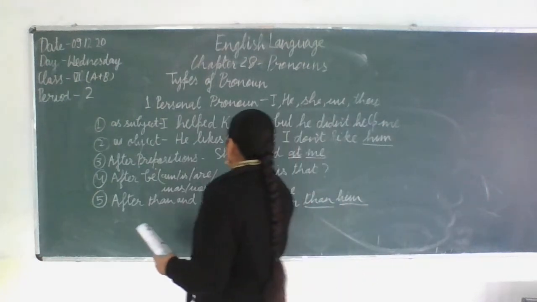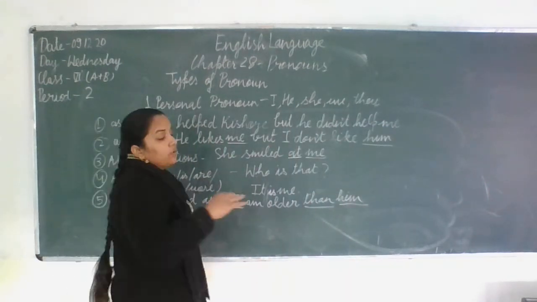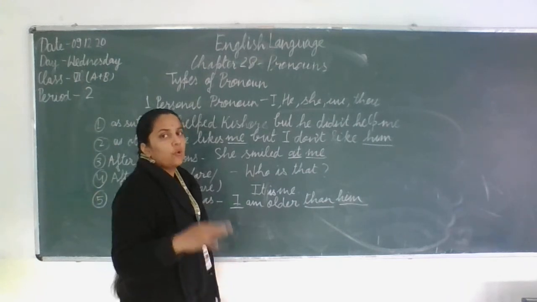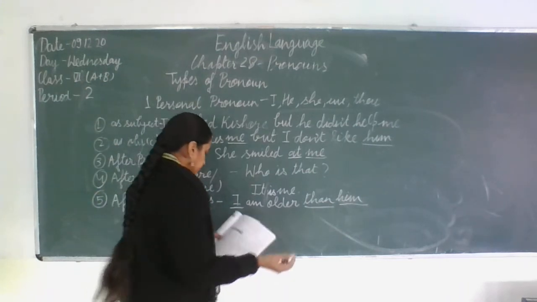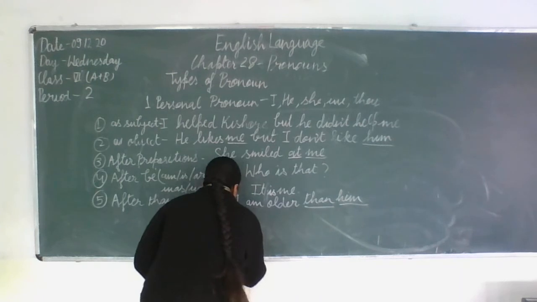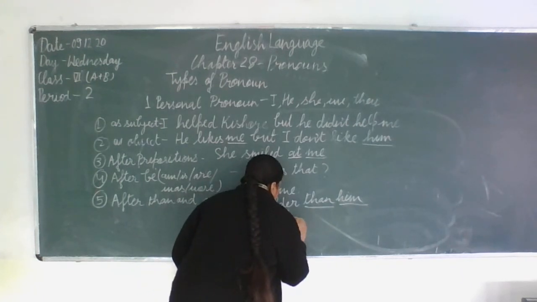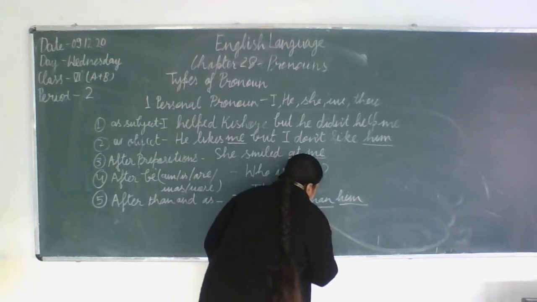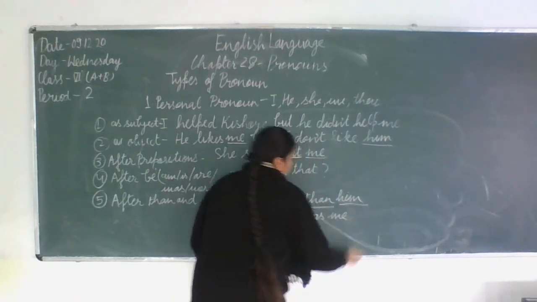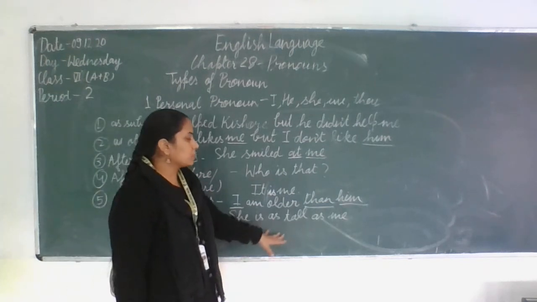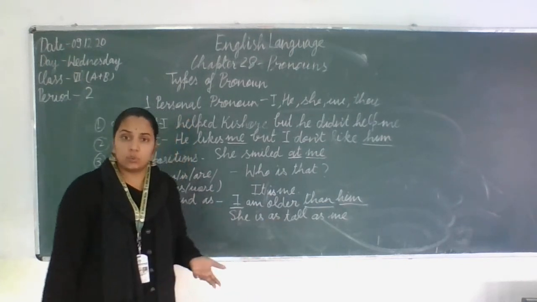One more way is when we use as. We can also use as for showing the comparison or the similarity. He is as tall as me. It means the height of both is almost equal.